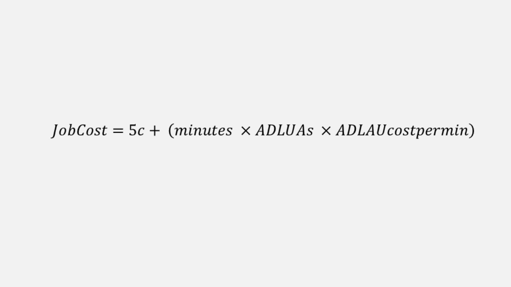There's a basic cost for any job execution of 5 cents, plus the number of minutes that you execute multiplied by the ADLA units you asked for and the cost per minute per ADLU. That gives you the job cost of execution.